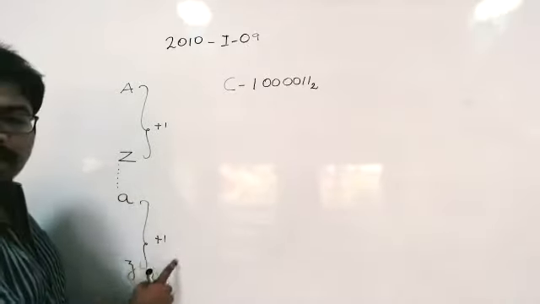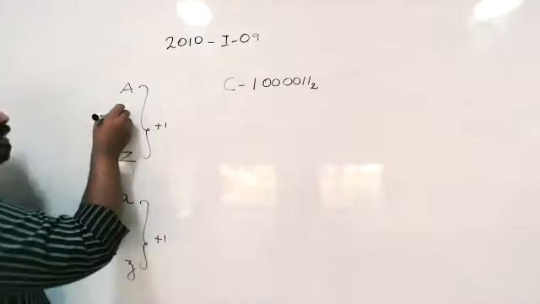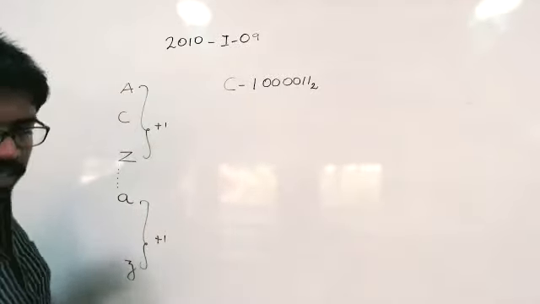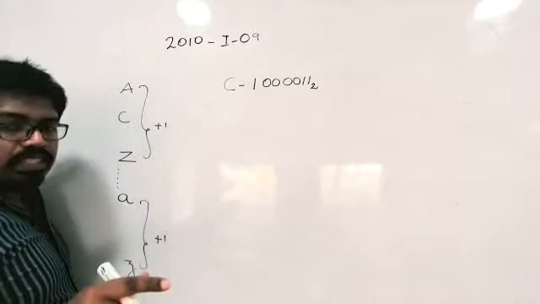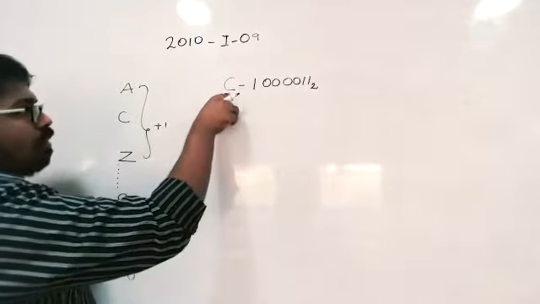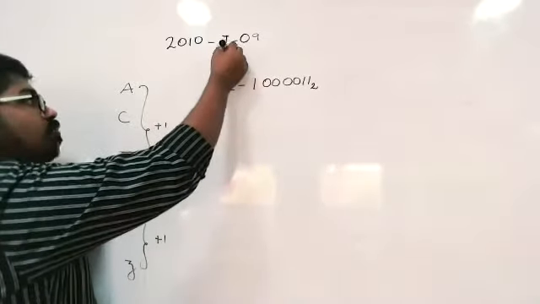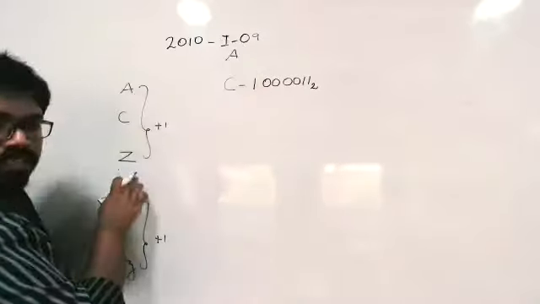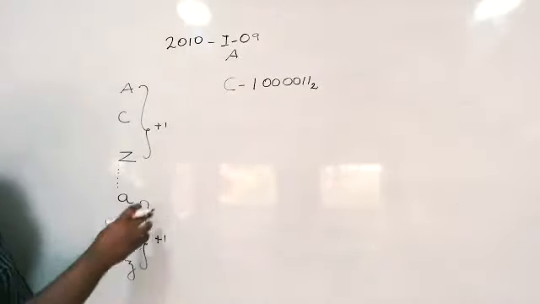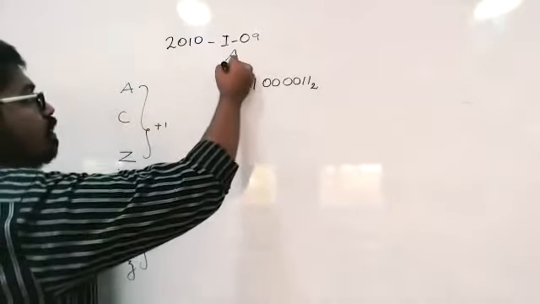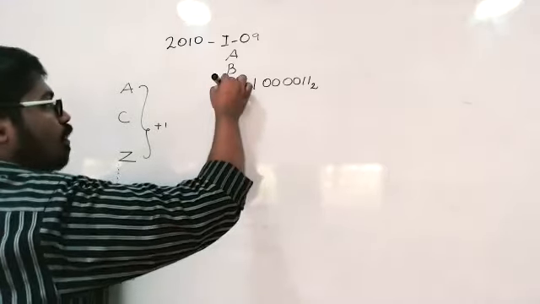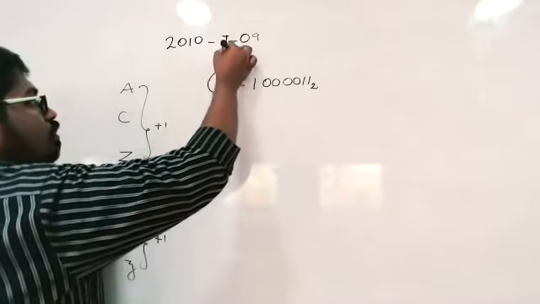So capital C is between A and Z. Now they ask you to consider the letter A. So capital A must be before C. Between C and A, we will have B. So they ask for the ASCII value for A, which is 2 less.